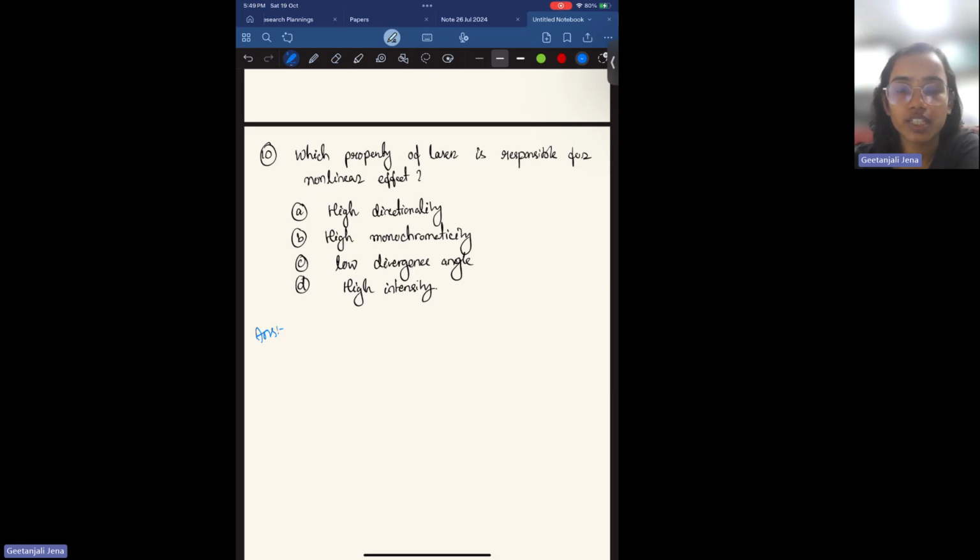Laser has different properties, which we discussed in our first session. If you recall, laser has high directionality, high monochromaticity, low divergence angle, and high intensity. Now, among these properties, which one is responsible for the nonlinear effects Chi2, Chi3, and Chi4? This you can easily guess. This is because of the high intensity of the laser beam. Okay, this is one of the straightforward questions.